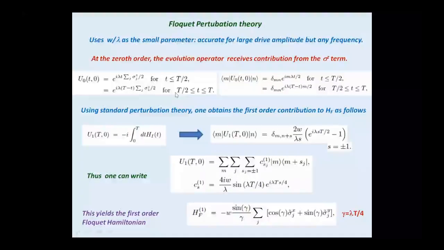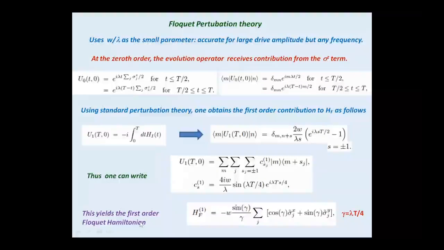First you tackle the term which is large, and for that the evolution operator is just a sigma z term, which you can write exactly. Then you do perturbation theory to find the correction to this U order by order. H1 is the term which is proportional to W, which is the small term.